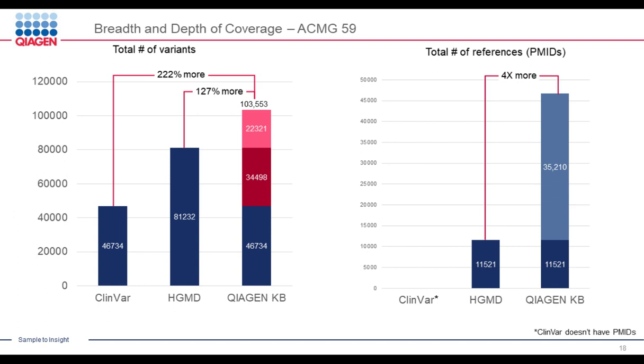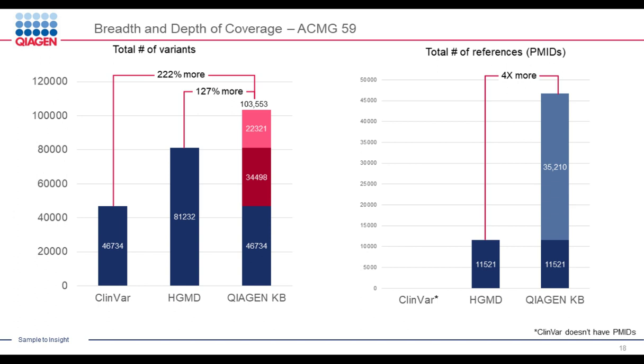And then in terms of the depth of coverage, how many publications per variant, you'll see that for ClinVar, not all variants will have publications, so that information is not as easy to get. HGMD has around 11,500 publications for all the variants that they have across those 59 genes. But the QIAGEN Knowledge-base has almost 4 times as many as HGMD.